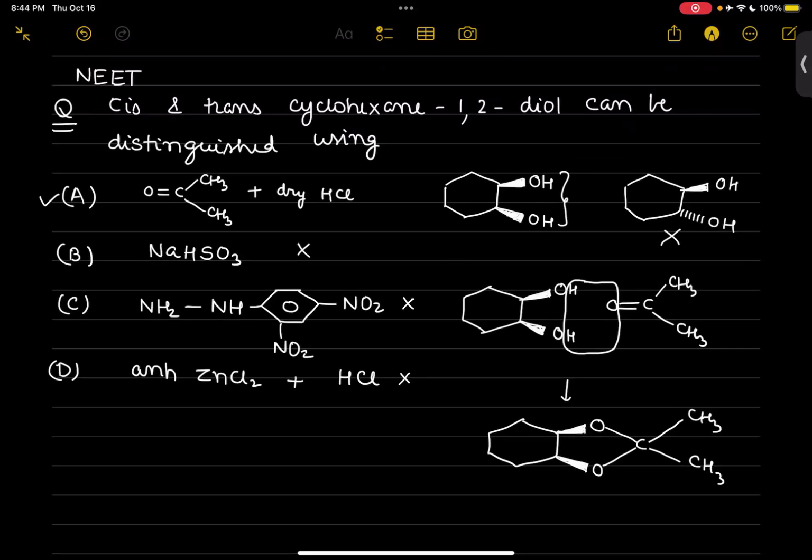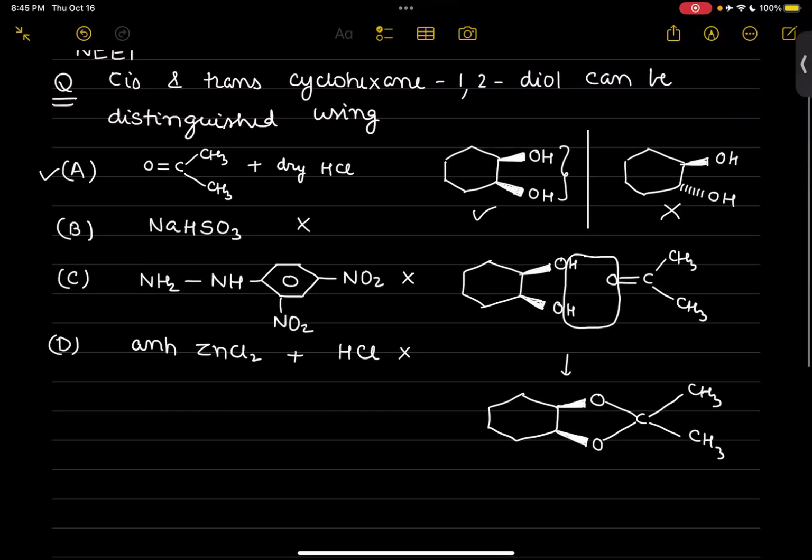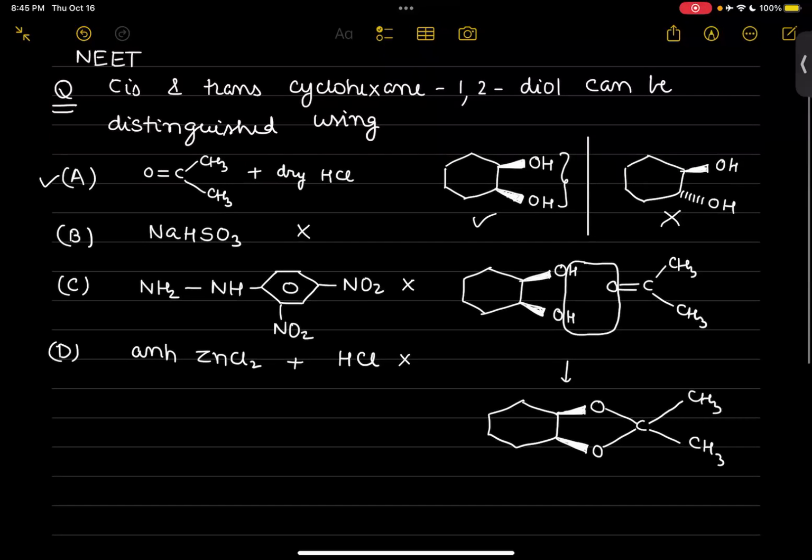But this is going to be difficult for the trans. Is it clear? So who is going to form the cyclic ketal? It is the cis 1,2-diol, not the trans. Getting my point? Yes, sir. Very important, very good question.